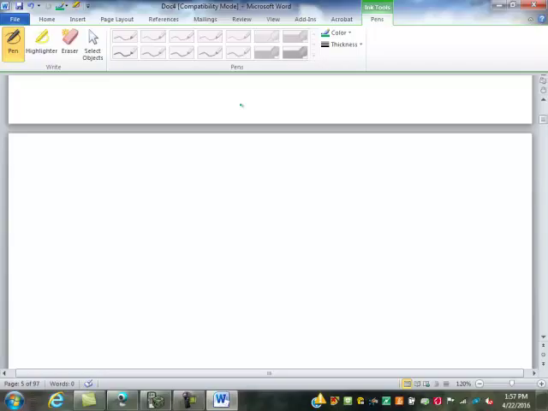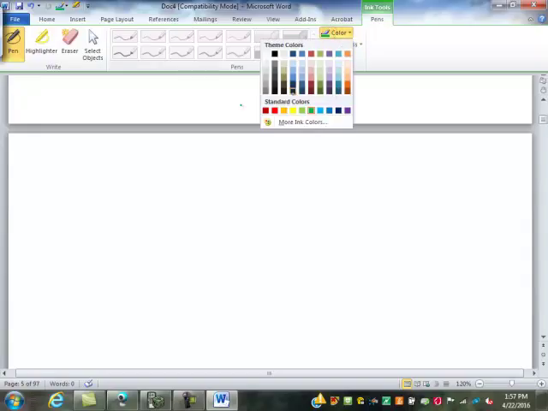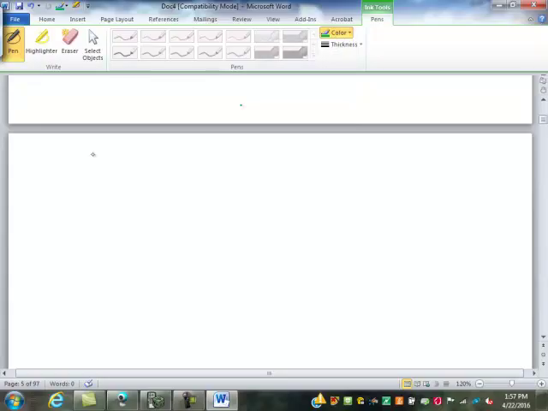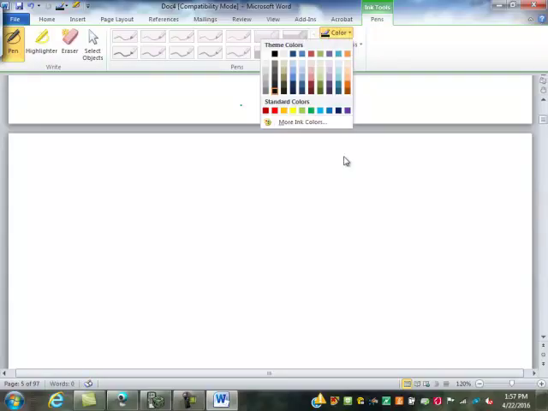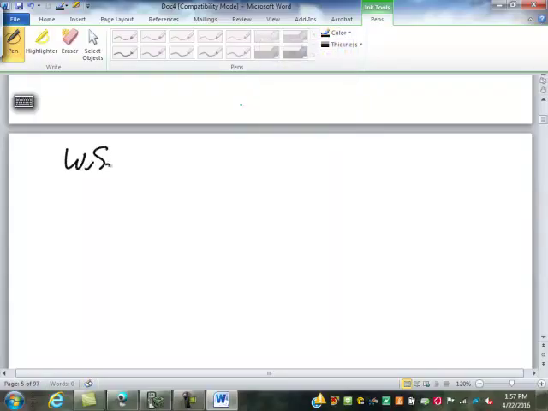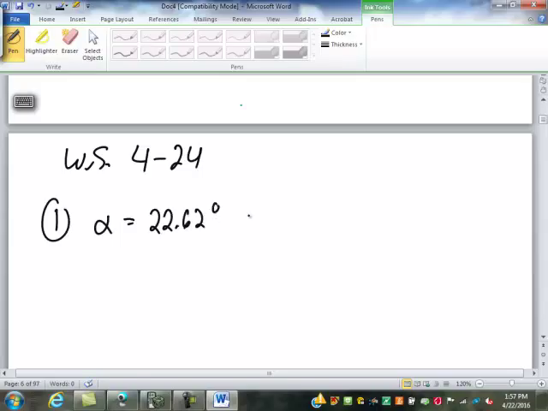On worksheet 424, number 1. Alpha, 22.62 degrees. Beta, 36.87 degrees.